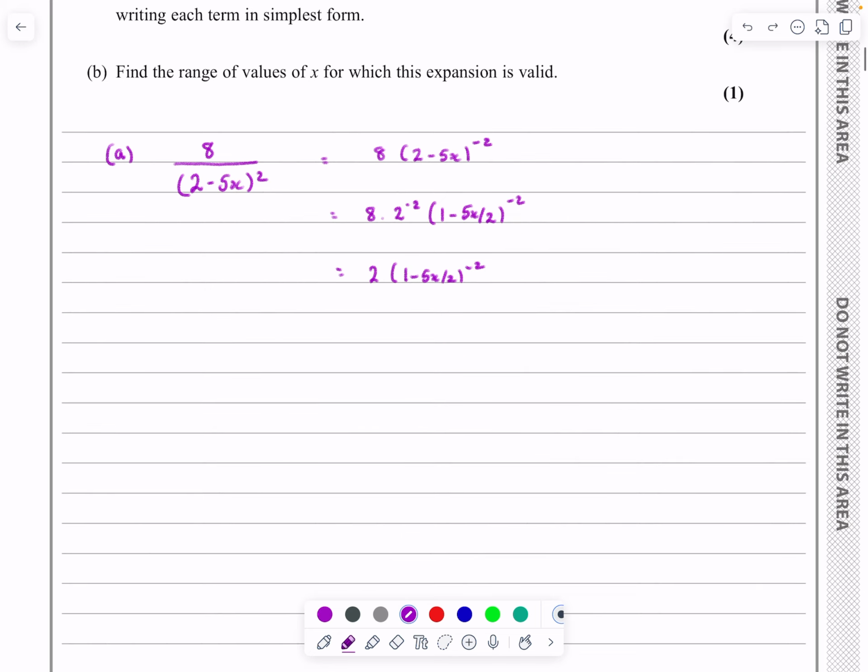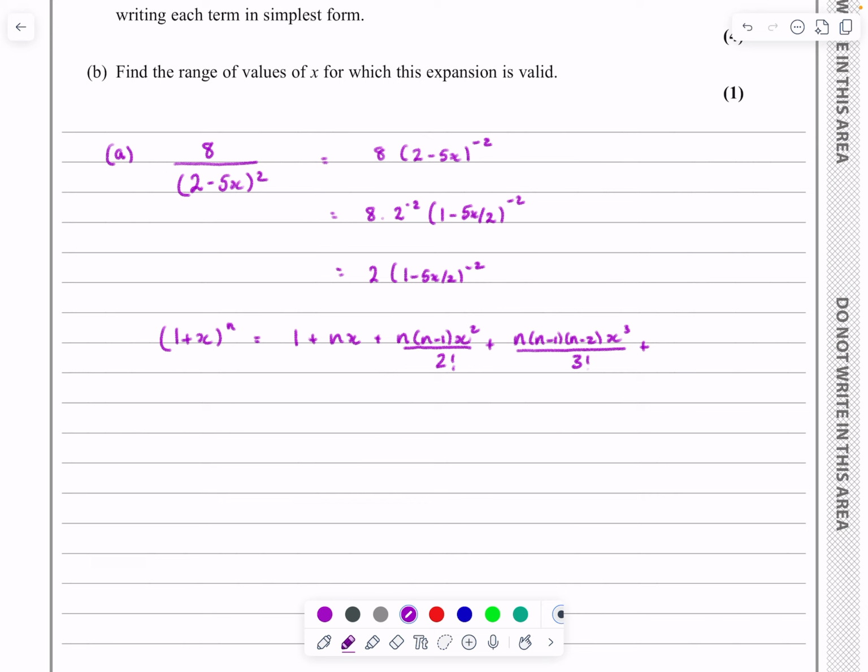So now I'm just going to concentrate on, if I do have 1 plus x to the n, what's my expansion? And my expansion is 1 plus nx plus n(n minus 1) x squared over 2 factorial. Keep that pattern going, so n(n minus 1)(n minus 2), it's x cubed this time, over 3 factorial, and that's as far as we need to go because we only want the first 4 terms.